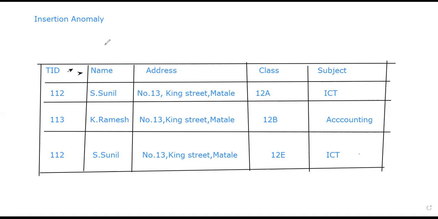Right, now here what happens is, we have class and subject here, you can see this in the table. So a new teacher is coming to the school, and the teacher table has the teacher ID, the name and the address, but no classes have been given to him.